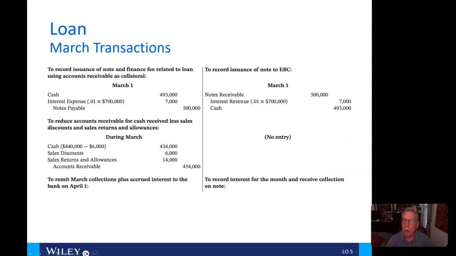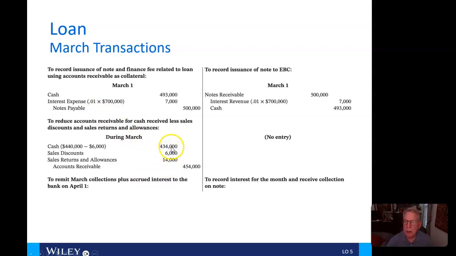Well, on March 1, EBC is going to get the cash for $493,000. Interest expense is going to be 1% of $700,000, and notes payable is going to be $500,000.